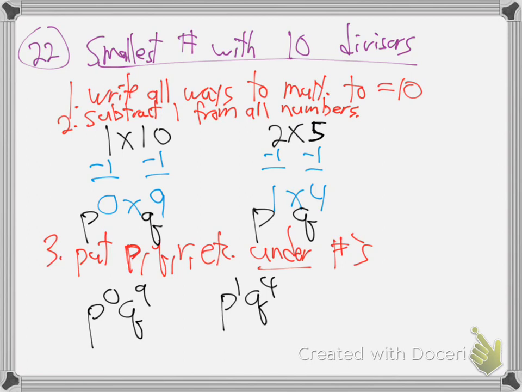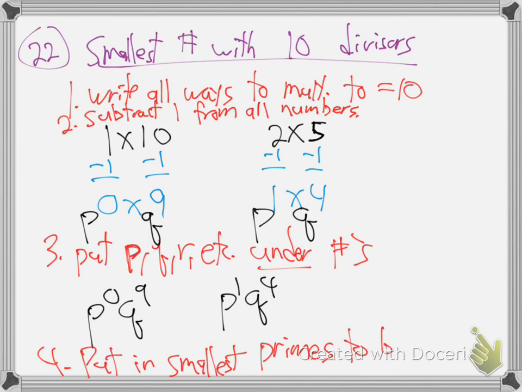And then step 4. Put in the smallest primes to the biggest power. Because remember, you're trying to make the smallest numbers you possibly can out of these things.